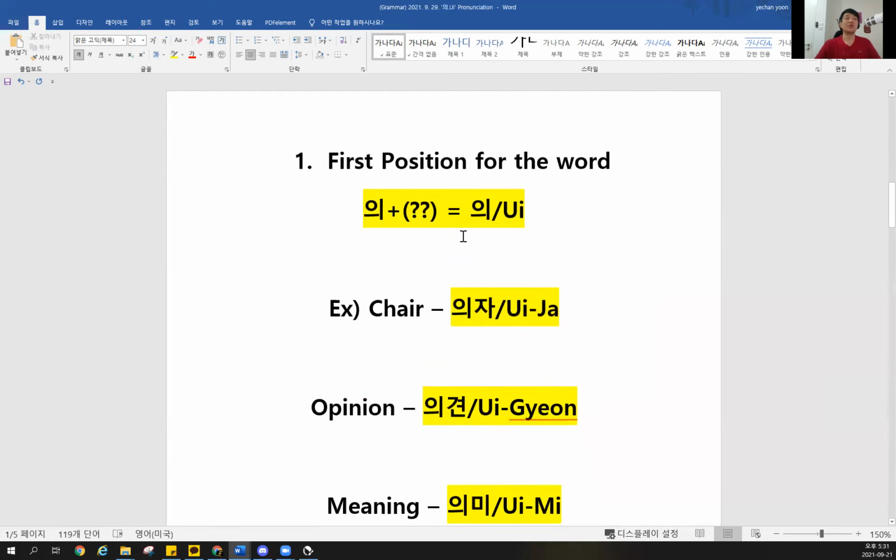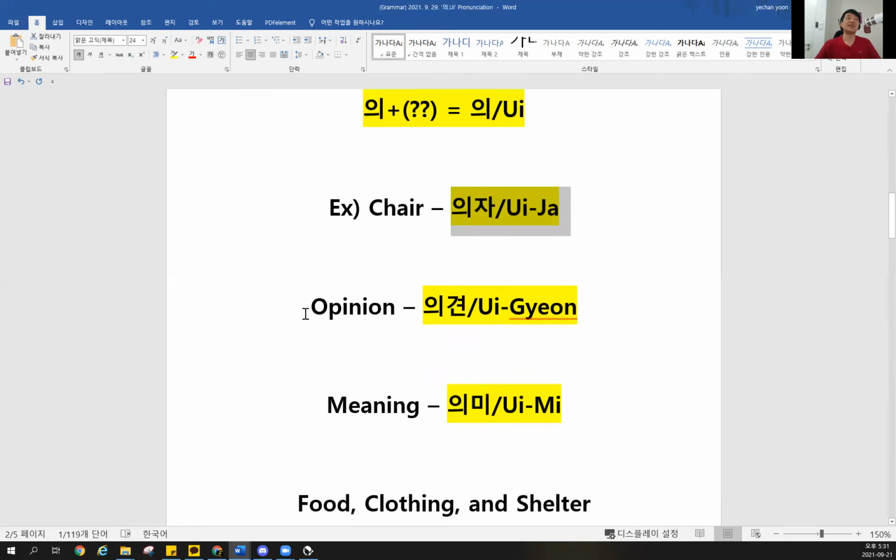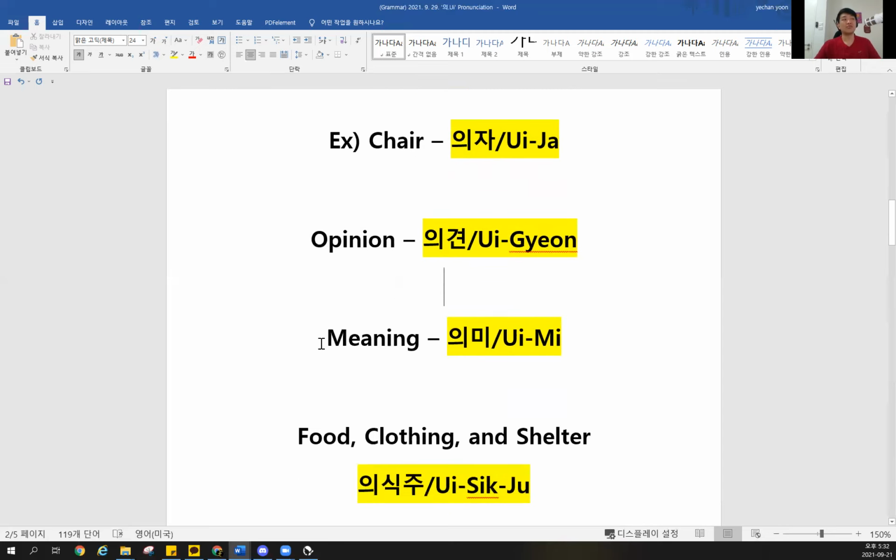For example, chair is gonna be what? 의자. Opinion, how you can say 의견. 의견.